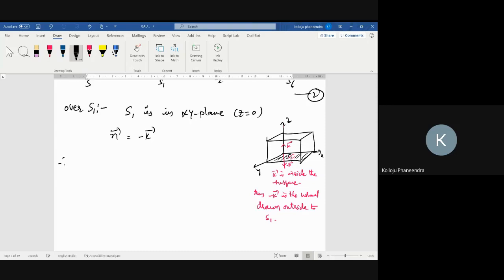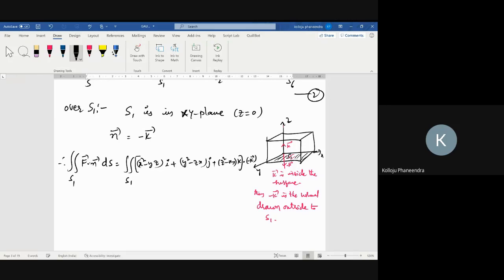Therefore, double integral over S1 of f bar dot n bar ds. Now, what is this plane? XY plane. So, double integral over S1, where f bar is (x square minus yz) i plus (y square minus zx) j plus (z square minus xy) k, dot product with minus K bar.